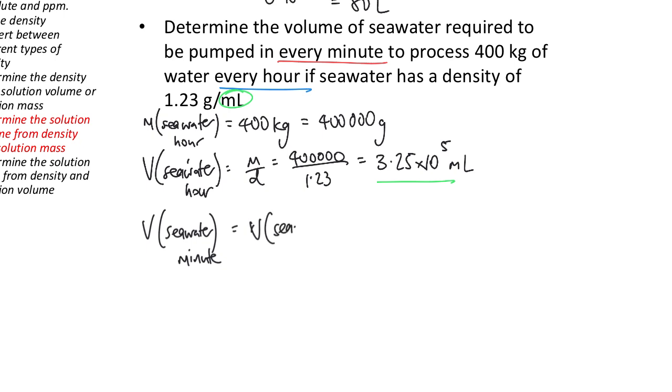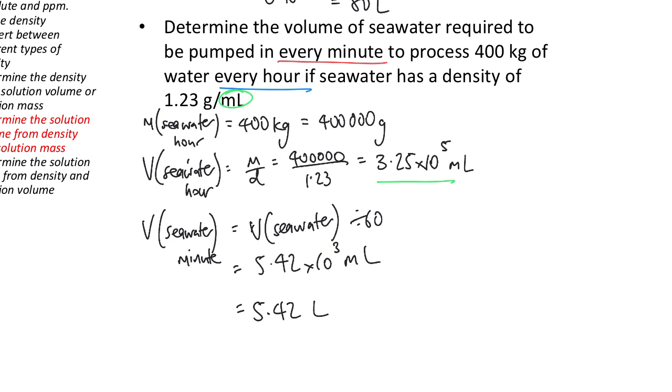Volume of seawater divided by 60, which happens to be 5.42 times 10 to the 3 mils, and then if I want to convert that into liters, it's going to be 5.42 liters. The idea is that times 10 to the 3 is effectively 1,000, so you get rid of that 1,000 because you're dividing it by 1,000 to get to liters, and that gives you 5.42. And this is liters per minute, but that already says it in the question.